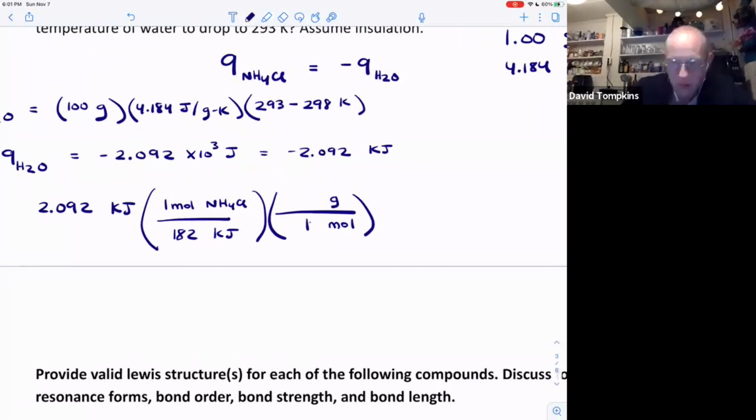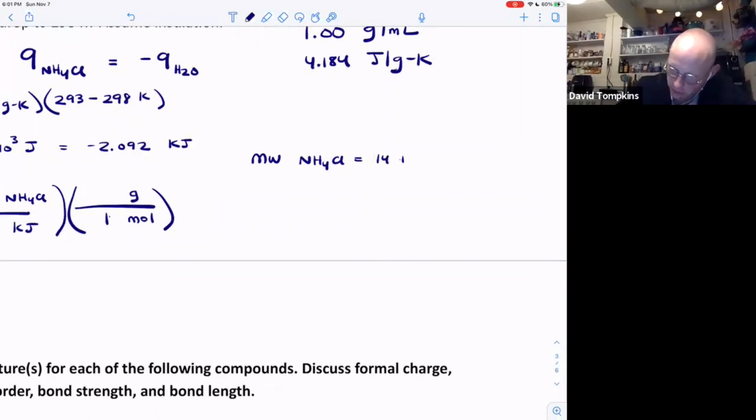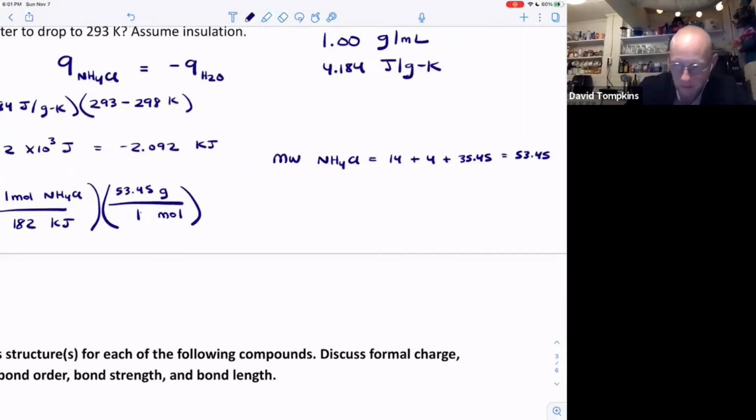And 1 mole, we need to determine the molar mass of ammonium chloride. So it's 14 for nitrogen, 4 for the hydrogens, and 35.45 for chlorine. So I get 53.45 grams per mole.